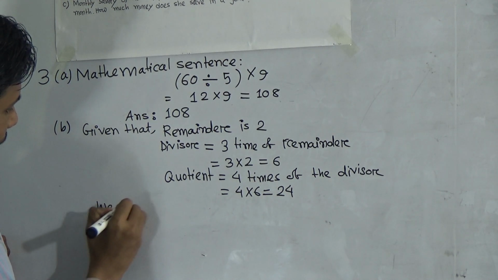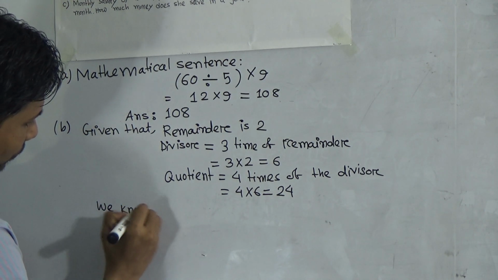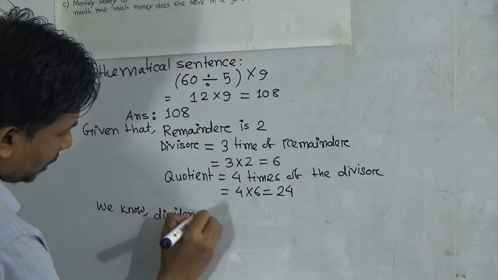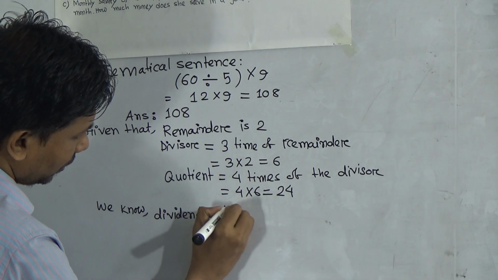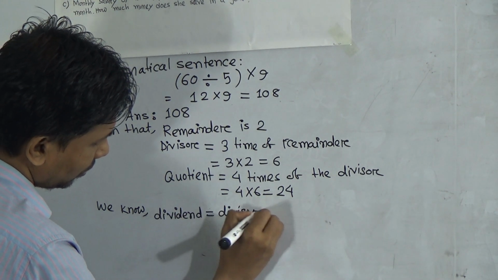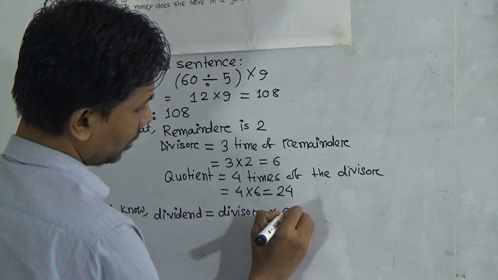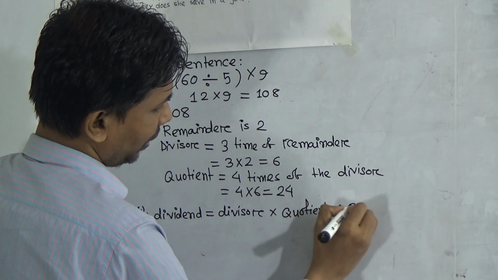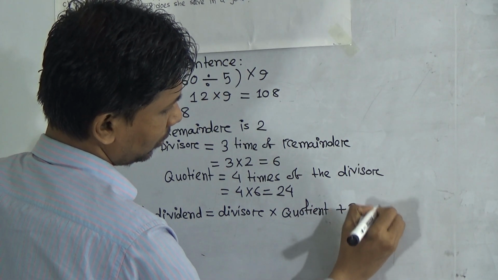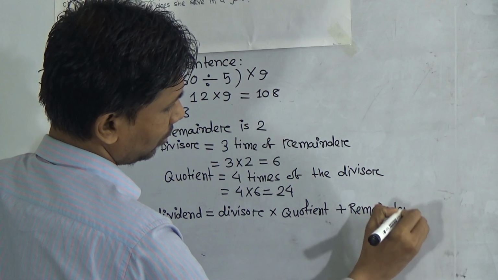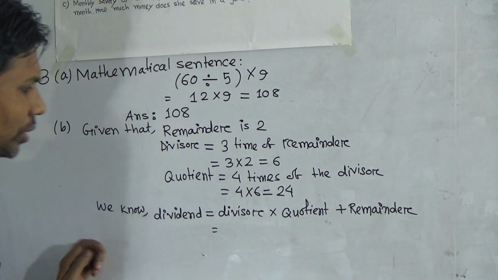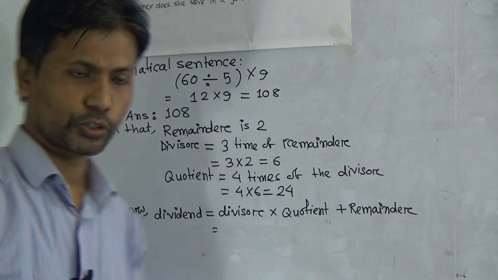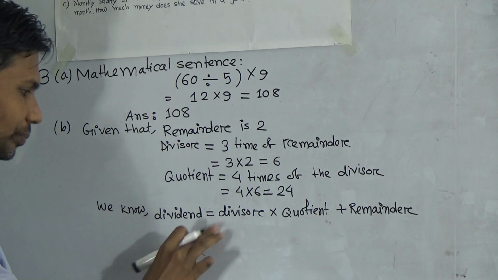We know dividend equals divisor into quotient plus remainder. Okay, student, this is the formula we know.